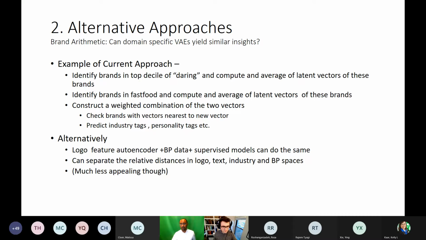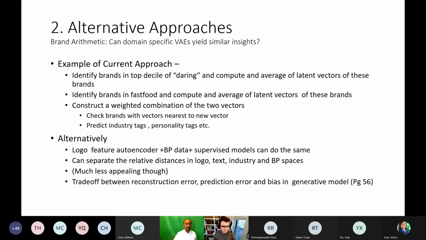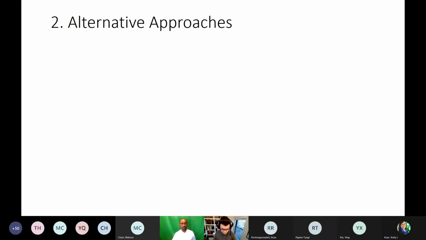But it is much less appealing. I fully understand that. I think the authors do as well, because there is a trade-off that they document between the reconstruction error, the prediction error, and bias. But in a pure predictive framework, you're then just focused on prediction error, and you may have better control over what you're actually estimating and representing there.